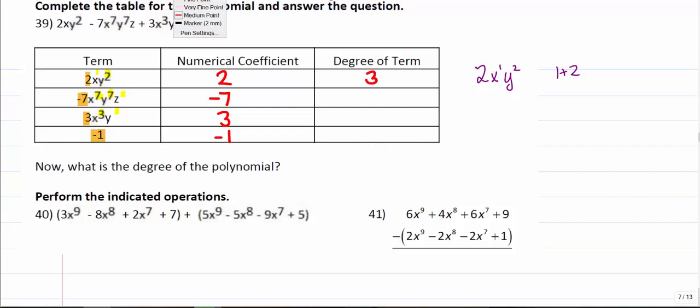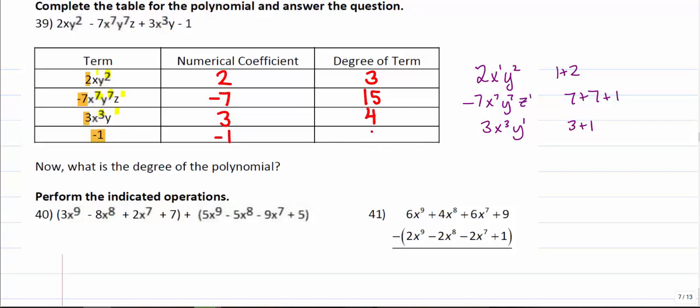3. And then if I look at -7, x to the 7, y to the 7, z to the first, well, 7 plus 7 plus 1 ends up being 15. And then 3x cubed y to the first would be 3 plus 1, which is 4. And there's absolutely no x on this last one.